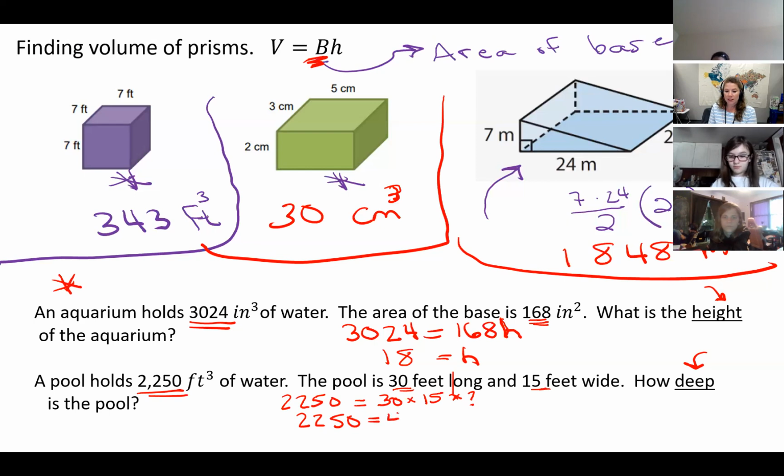I get 450. I don't know the depth. So what's my last step? What am I going to do? Good, Ella. Yep. So on the last one, I'm also dividing. I'm dividing 2250 by 450. And my answer is, drum roll, 5.